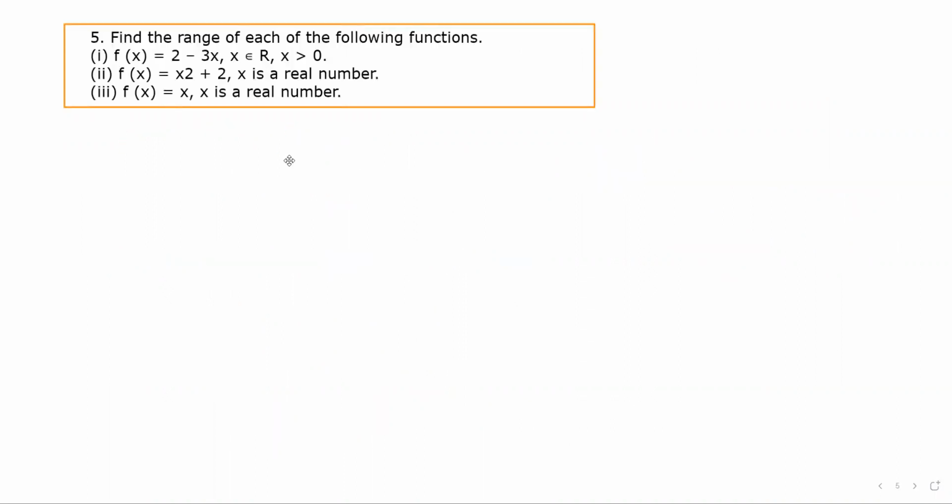Next, find the range of each of the following functions. You have to find the range. Range means the value of f of x. So in the first question, f of x is equals to 2 minus 3x. And your x belongs to R and x is greater than 0. So x can have any value, positive value of your in your real positive real value.